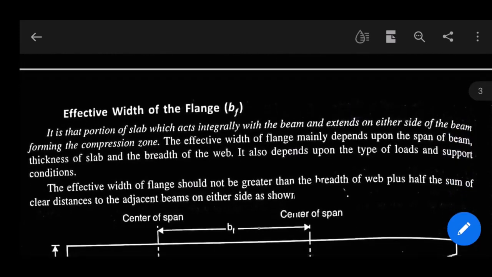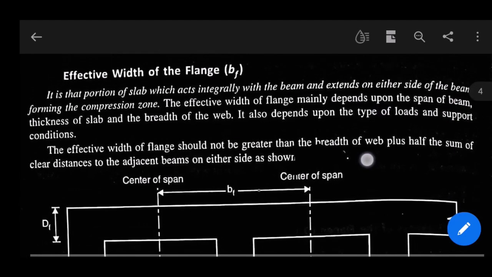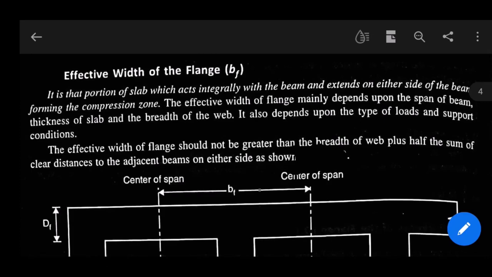Now, effective width of the flange, that is bf. It is that portion of slab which acts integrally with the beam and extends on either side of the beam, forming the compression zone.